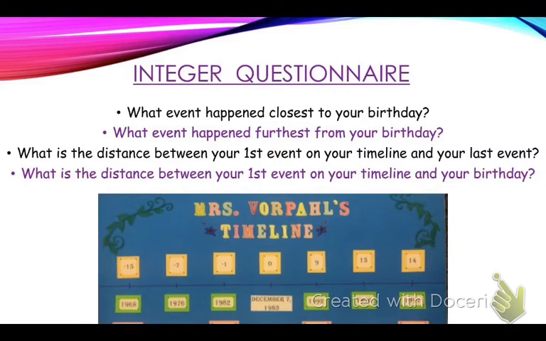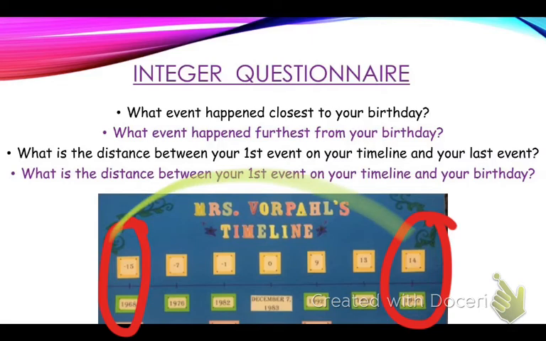Next question, what's the distance between your first event on your timeline and your last event? Notice this happened 15 years before my birthday. This happened 14 years after my birthday. You're trying to figure out the distance. Do you guys remember talking about distance before? Okay, you're going to take the absolute largest number and subtract the smallest number. Let's see if we can figure this out, okay?